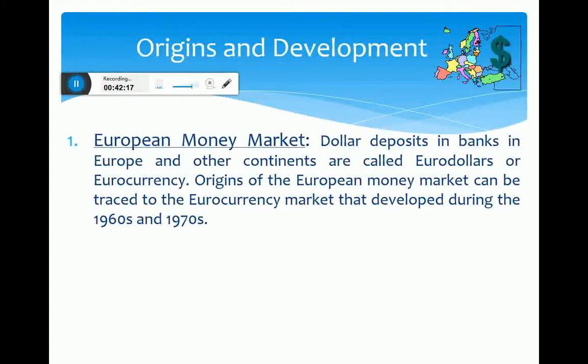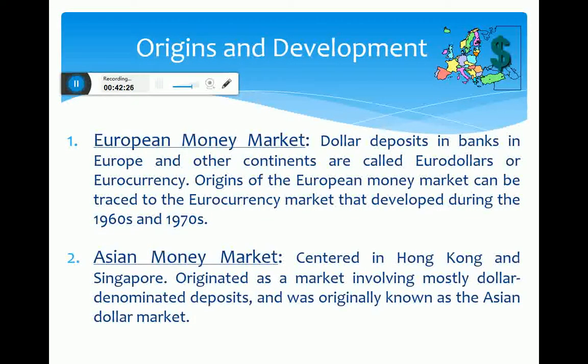Origins and development: how this Euro currency market or international money market came into existence. Number one, the first stage is the European money market, in the European region. There are banks who accept deposits and lend money in dollars and other different currencies.